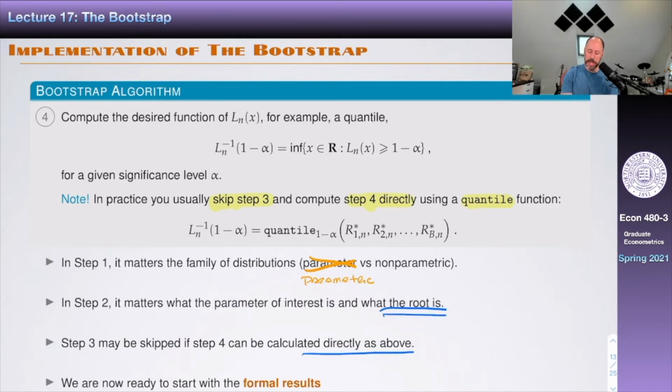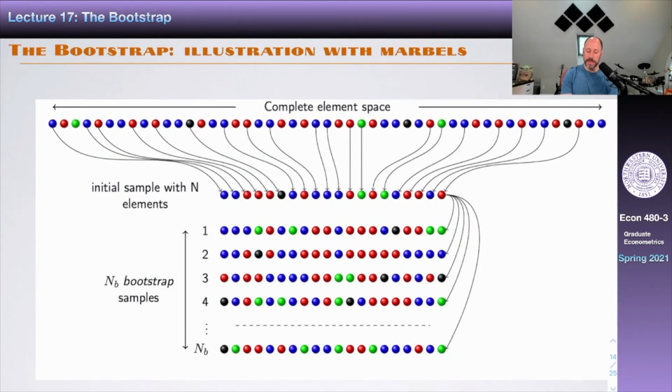And before I move to the formal results, I'm going to show you a picture with illustrations with marbles, because I think it sometimes helps clarify things. This is B. Suppose that this list at the top here is the population. These marbles of different colors, and you get a sample of size n.